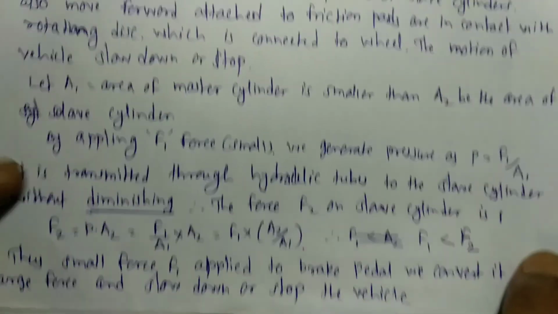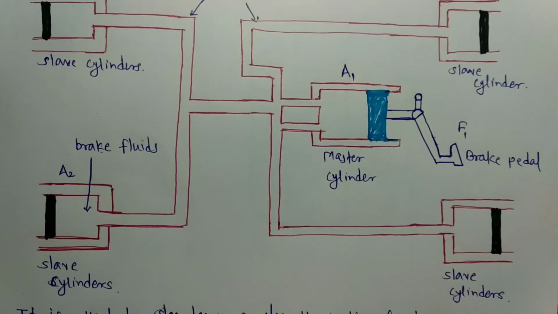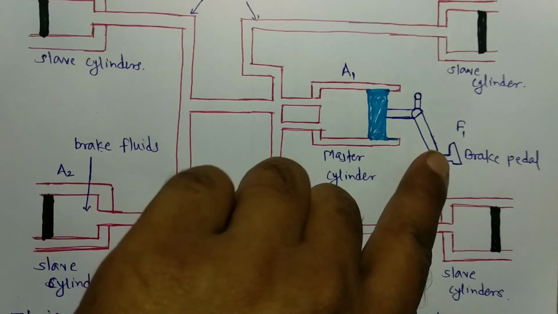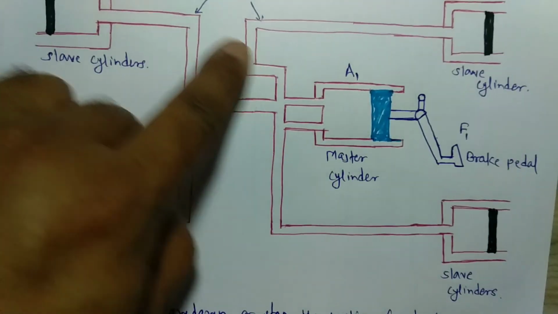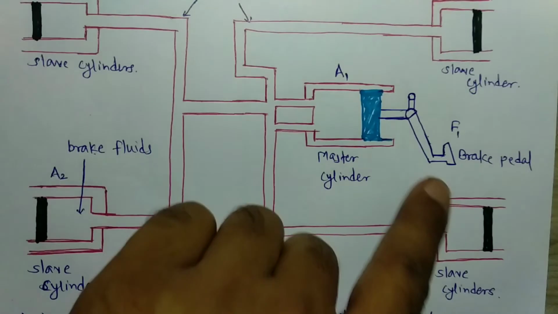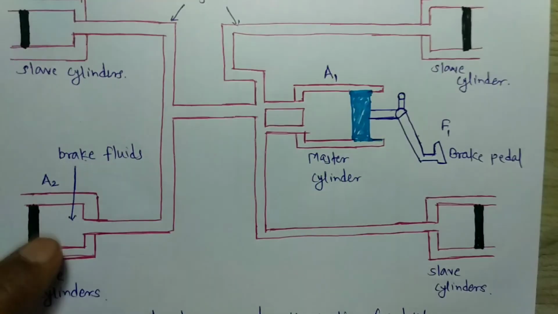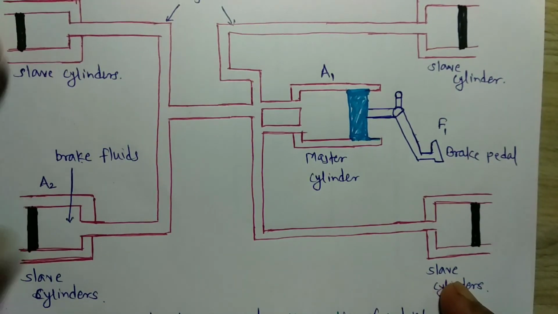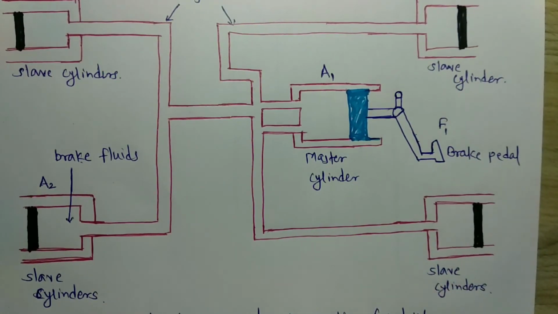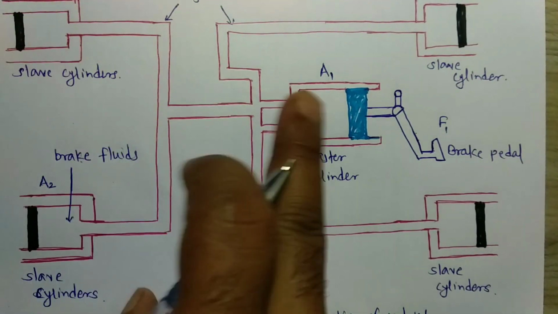Those are the two applications related to Pascal's law. Schematically, when we apply a small force F1 at the master cylinder, this force creates the pressure P, which is transmitted to the slave cylinders without diminishing, that means without decreasing. At the slave cylinder you get the force F2, which is much greater than F1 because area A2 is greater than area A1.